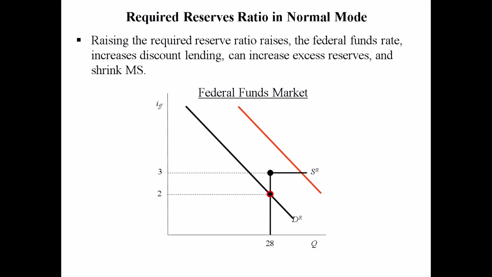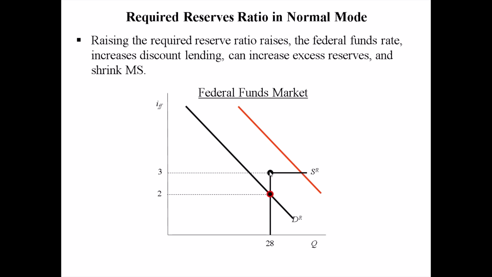So raising the required reserves ratio shifts demand for reserves outward. And if the effect is big enough, it essentially creates an emergency situation.